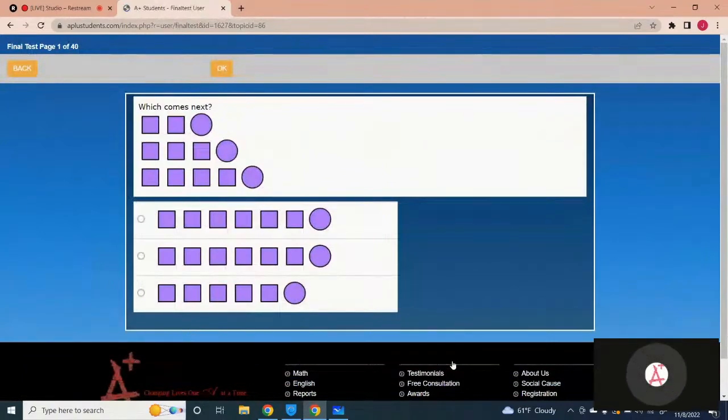Okay, which comes next? So which option is the correct one? The correct option is option number. Which option is the correct one?